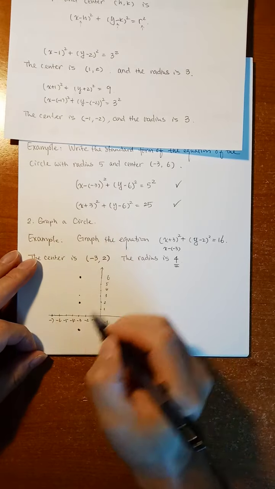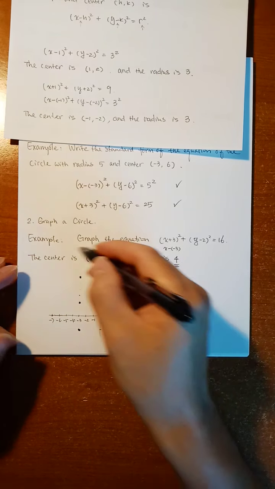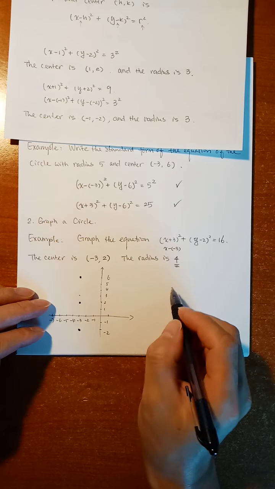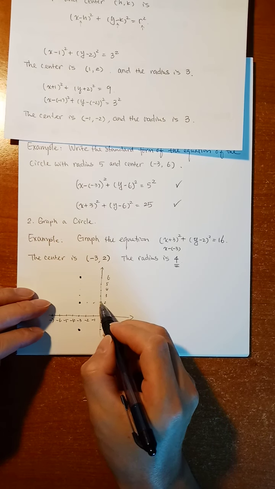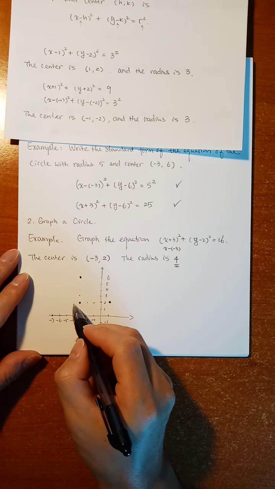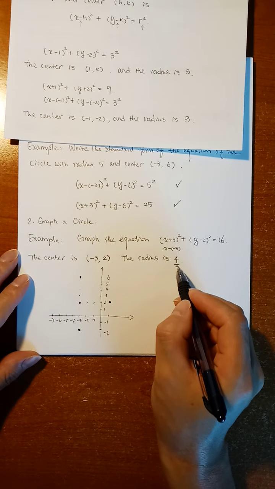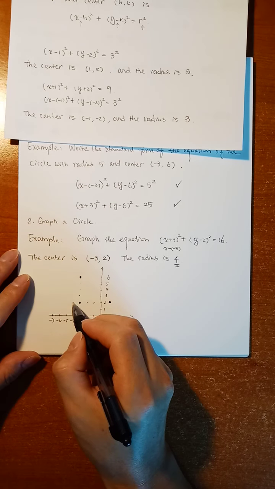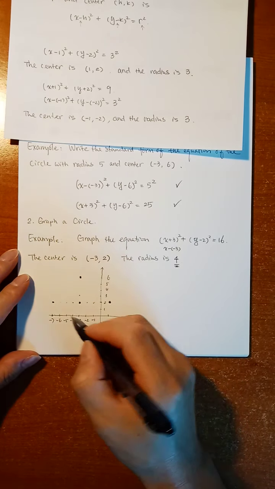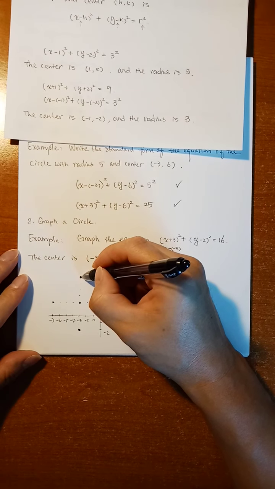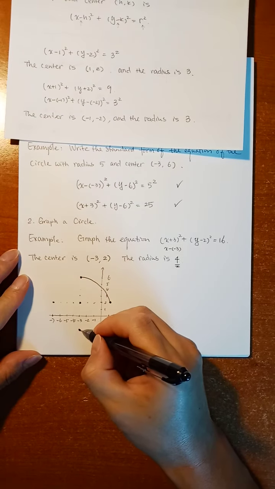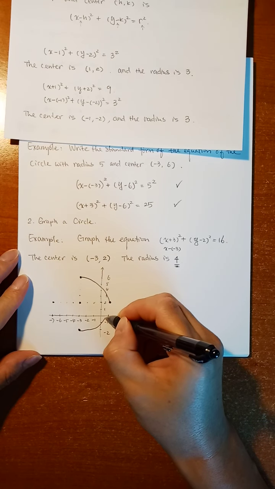So the top point and the bottom point are on the circle. You go right 4 units, this point is on the circle. You go left 4 units. We use 4 because it's the radius. Top, bottom, left, right. And then you use arcs to connect them, or just try your best to connect them.